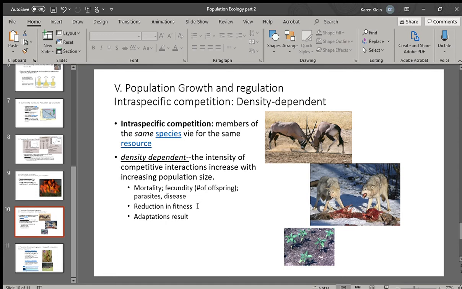If you're not fed as well, you tend to produce fewer offspring. You have a reduction in fitness. You do have adaptations that result from density dependence as well, but from a population standpoint, it's the resources that are available or not that will regulate the number of individuals in your particular population.